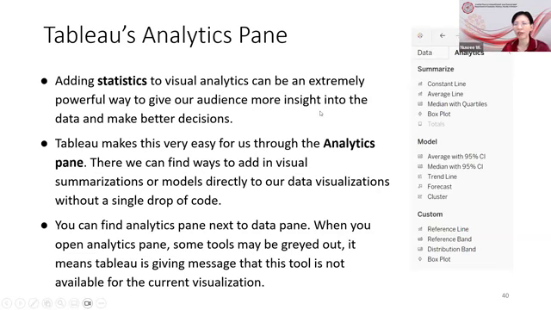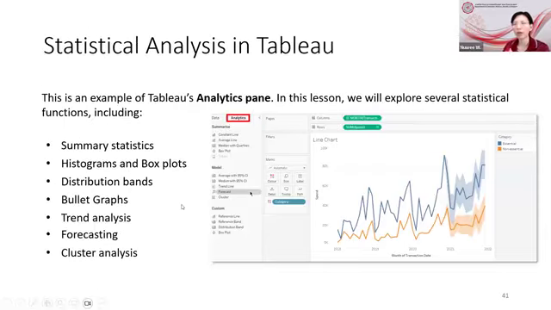In the analytics pane, there are many things that we can do, like the statistical summary and the models, and we can just drag and drop them to our view or our visualizations. Okay, so let's try most of them. I think we should cover most of them here. We will talk about how we use summary statistics, like descriptive statistics in Excel.